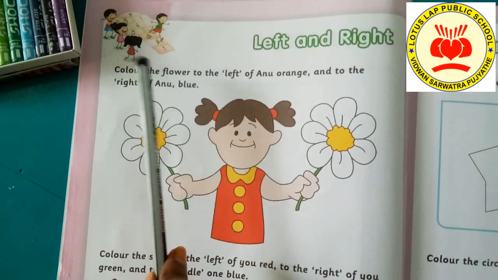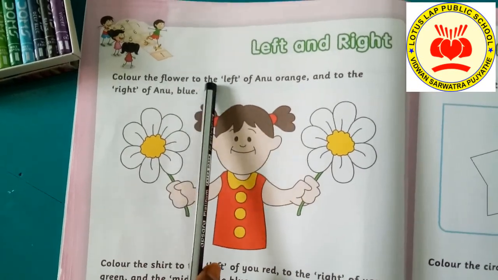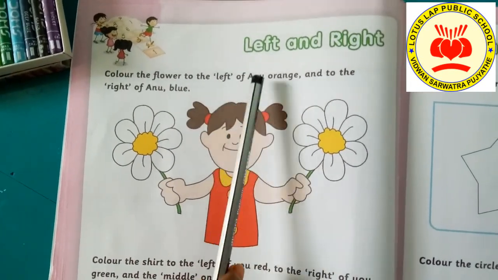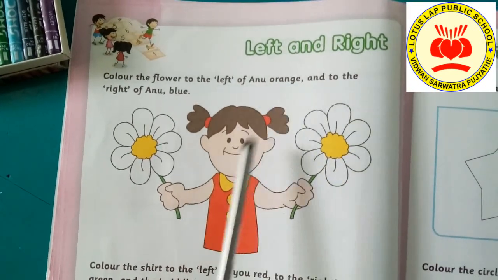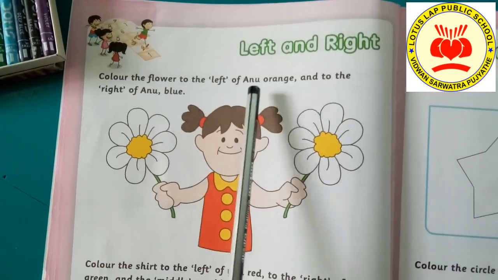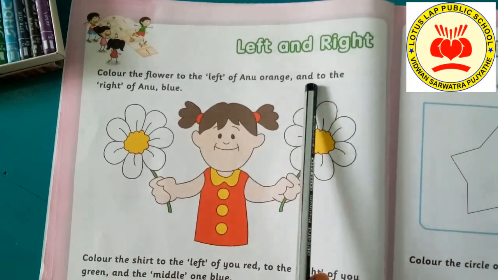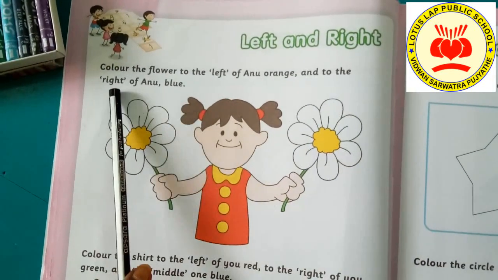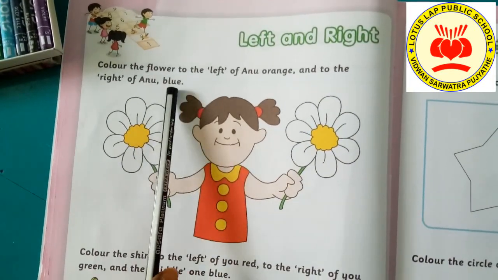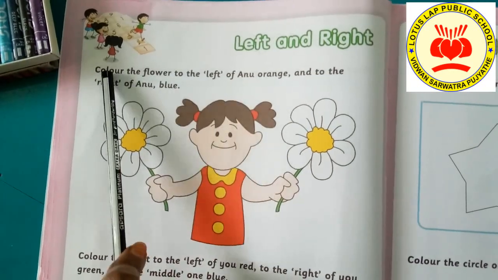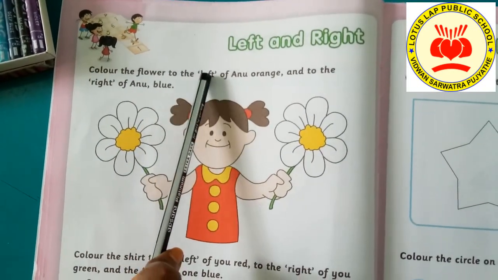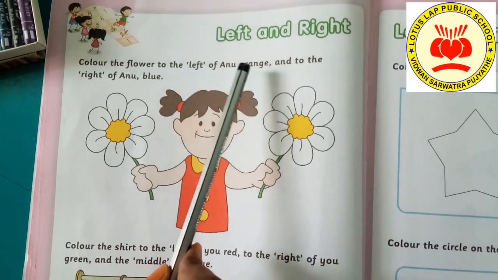Let's read. Color the flower to the left of Anu orange. What is this girl's name? Anu. And to the right of Anu blue. What is he asking? Color the flower to the left of Anu orange.